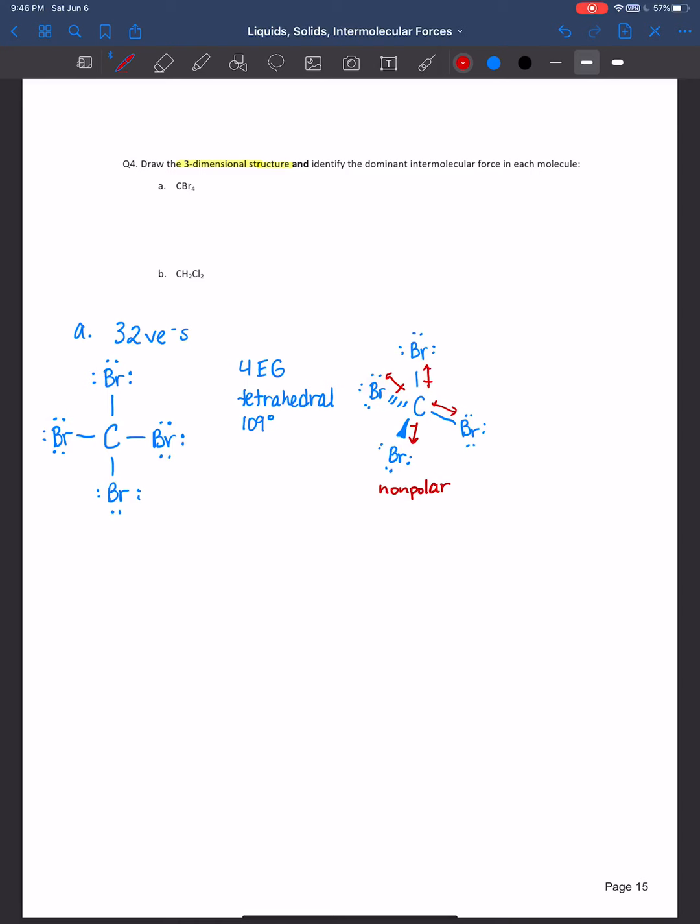Fantastic. So, if it's non-polar, what is its dominant intermolecular force? Good, it's dispersion. I know I didn't ask it in this question, but let's illustrate that dispersion force taking place. Remember, to draw intermolecular forces, we need to show 2 molecules at least to show that interaction.